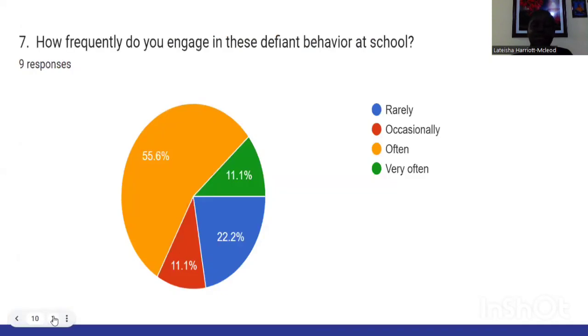They were also asked, how frequently do you engage in these defiant behaviors at school? 55.6%, according to the pie chart, stated often.